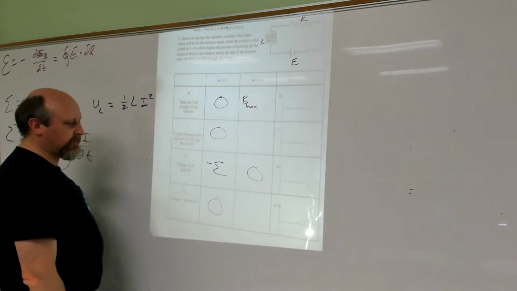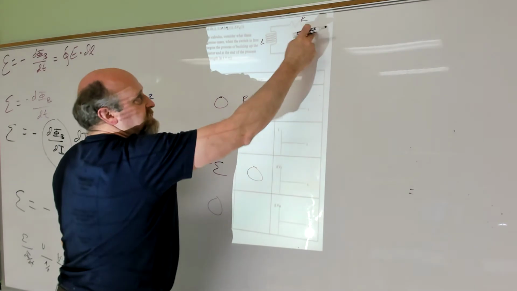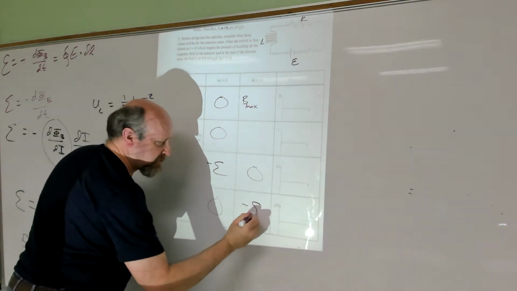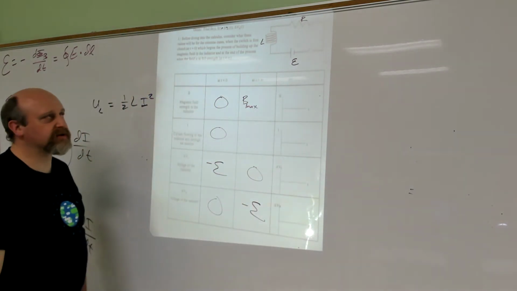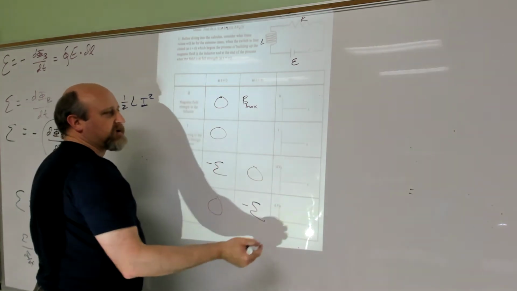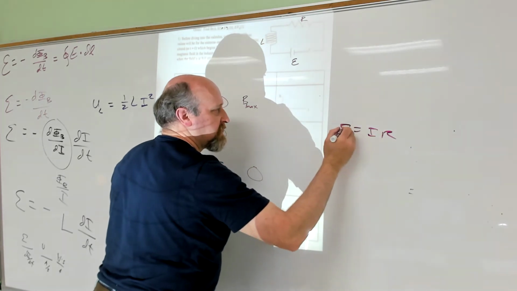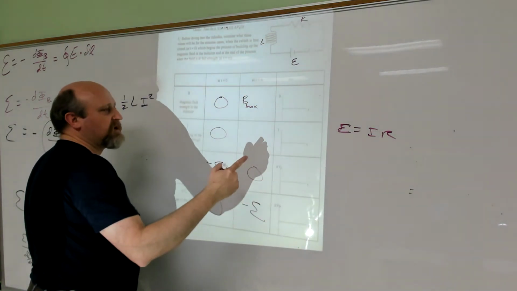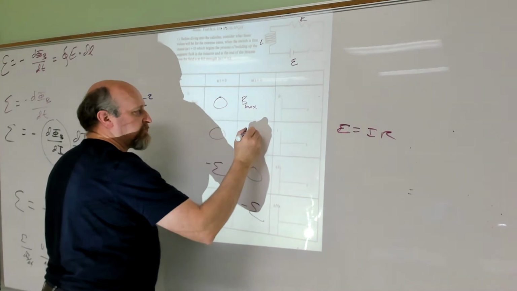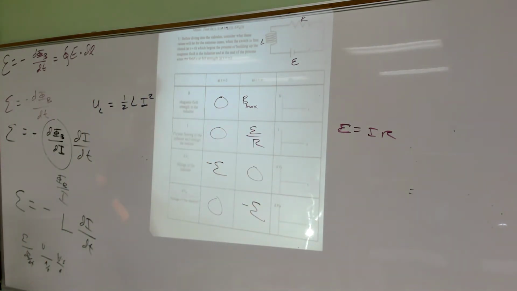All the voltage is going to be across the resistor. I'll be going down the voltage of the battery at the resistor, which will be I times R. Because delta V is IR, the EMF of the battery is IR. And so the I at the end will be EMF over R. That's the maximum current it gets to.